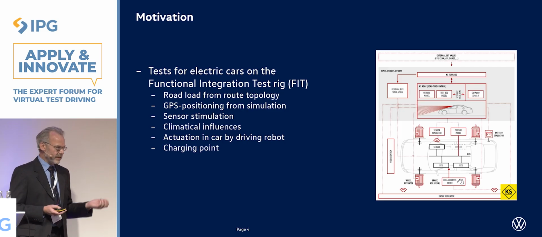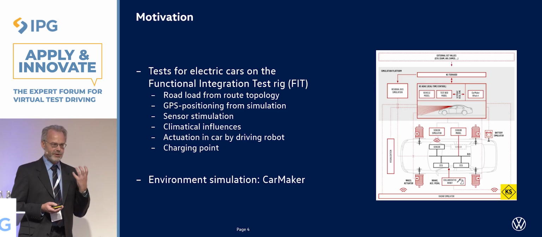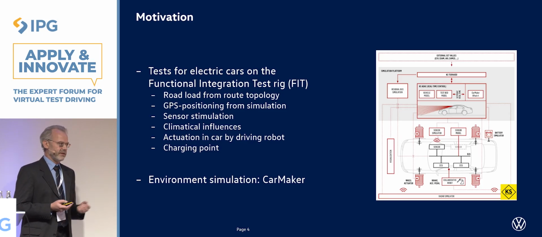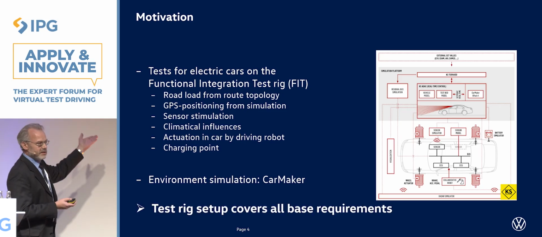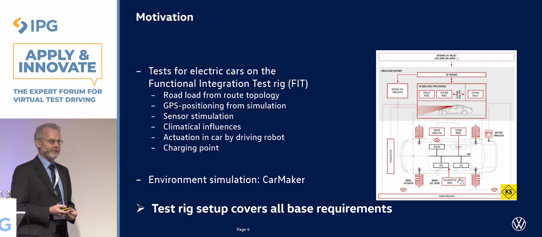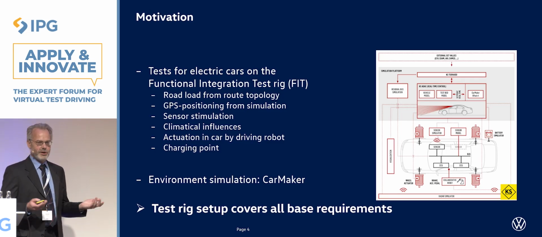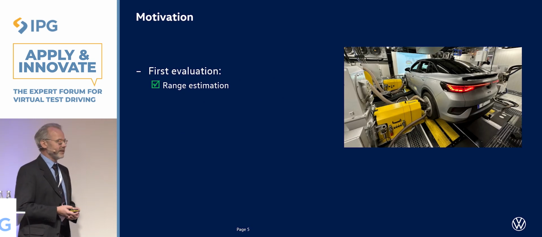So CarMaker here is the simulation heart of this test rig, providing the data to apply the road loads and the raw data for the sensor stimulation. So taking all this into consideration, this looks like a pretty good candidate for such a test rig we are looking for. Consequently, we did a first evaluation test.